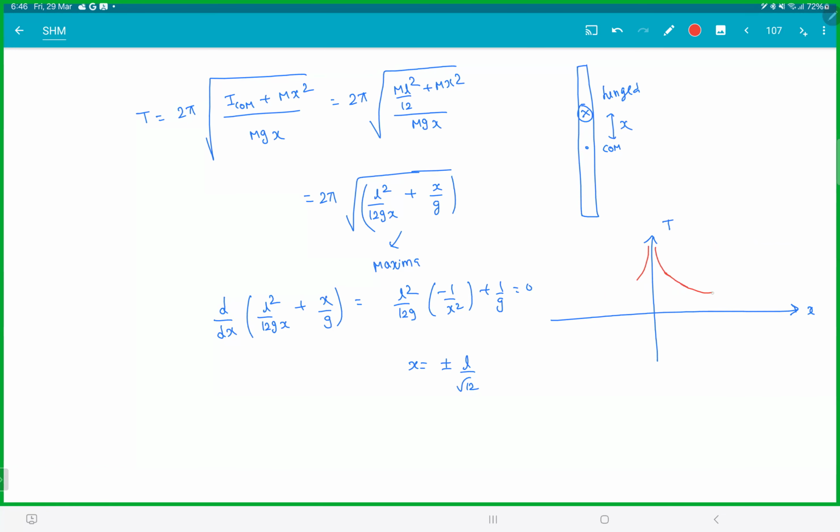Then it will reach minima, and then again it would increase, and the graph will stop at L by 2 because there's no length after that. It will be symmetrical on both the sides. This would blow off to infinity, because exactly if you keep it in the center, you won't get any time period there. This guy is L by root 12, minus L by root 12.